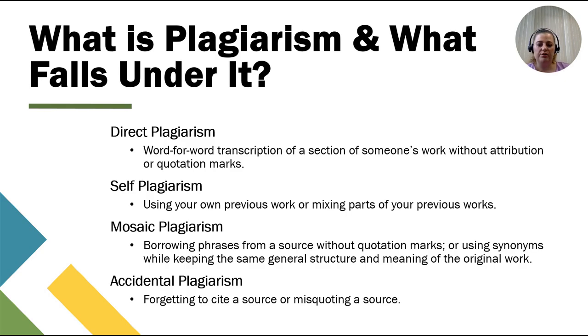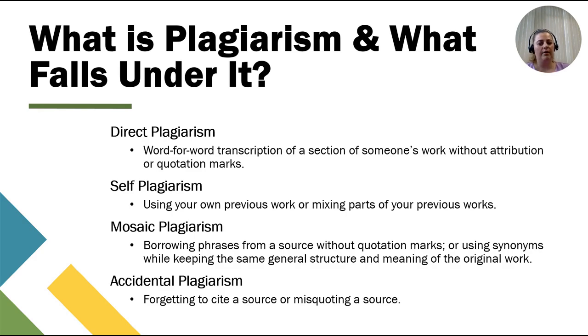That would be self-plagiarism. Now, mosaic plagiarism is borrowing phrases from a source without quotation marks or using synonyms while keeping the same general structure and meaning of the original source. What most likely and often happens is you are reading a really good article online. You're going, yes, I want to use this, but I want to paraphrase it a little bit. And instead of closing out that original document, you're typing and trying to change a few words here or there.